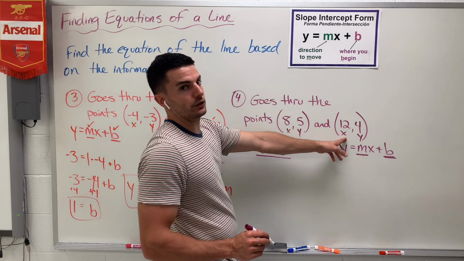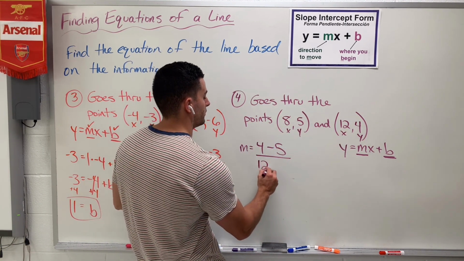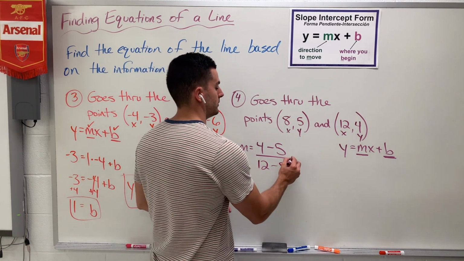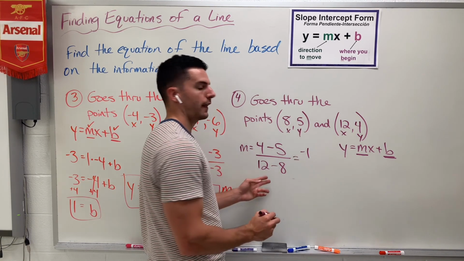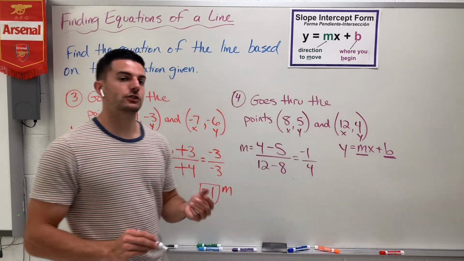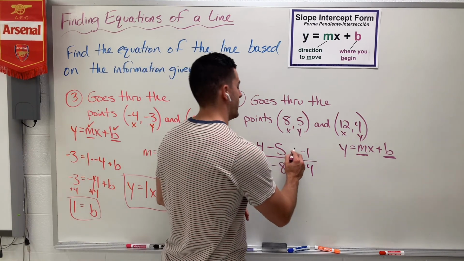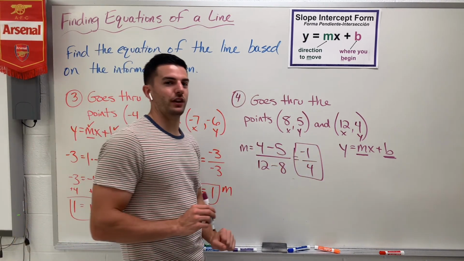Second x value is 12 minus first x value 8. So 4 minus 5 is -1, and 12 minus 8 is 4. My slope here is -1/4, and I don't reduce that because it is fully reduced.